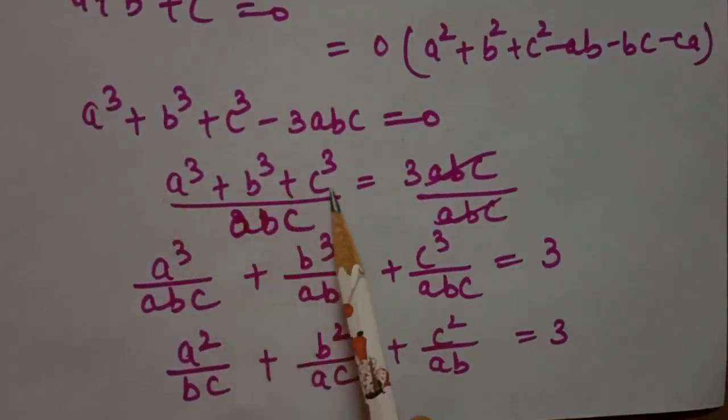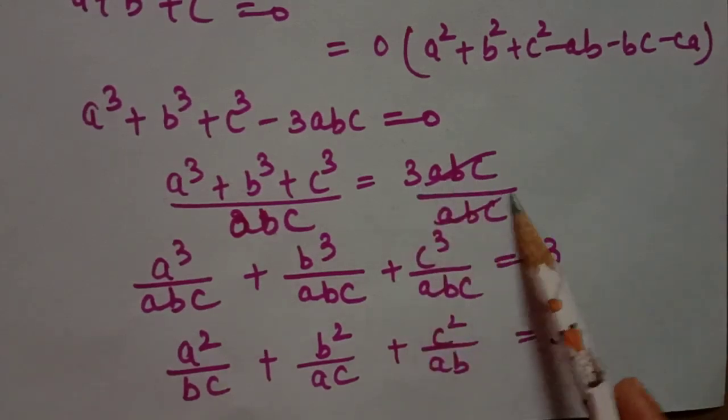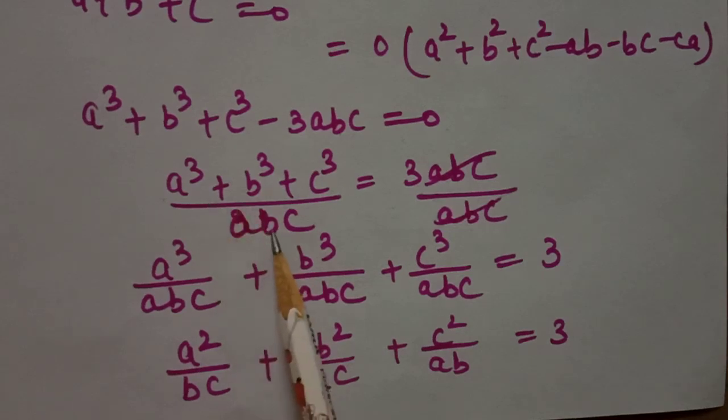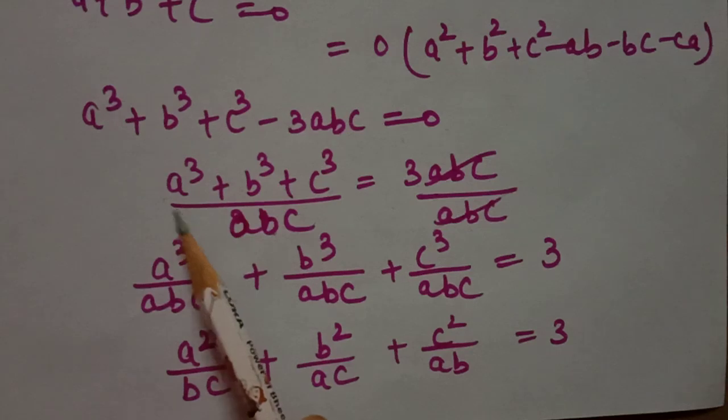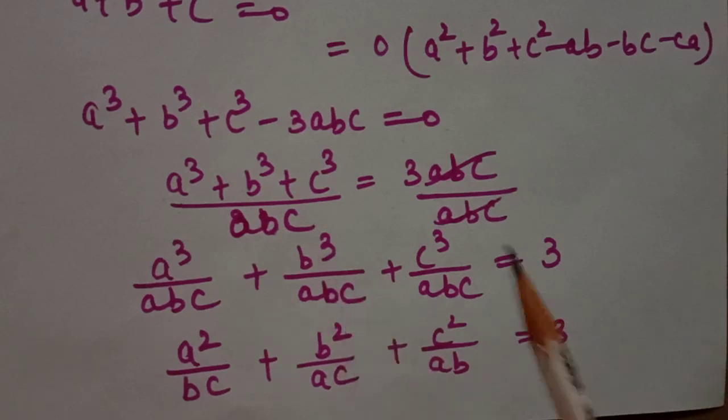So a cube plus b cube plus c cube upon abc is equal to 3abc divided by 3abc, which cancel out each other. If it is present in the division, then it means it is present as a denominator in all three parts. So we will separate them: a cube divided by abc, b cube divided by abc, c cube divided by abc is equal to 3.